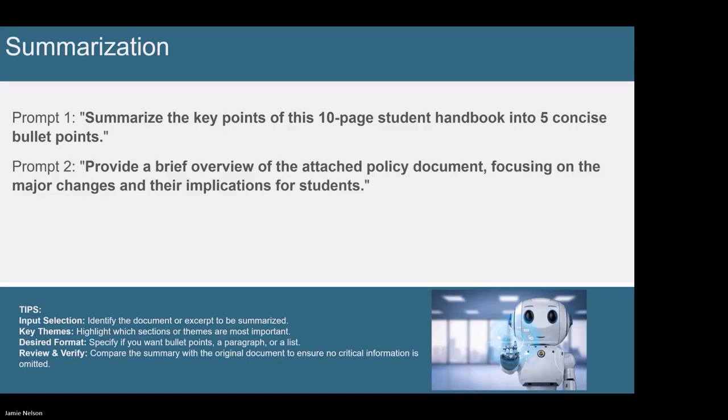One thing I have done personally is you can take 2 documents. You can upload documents and say, compare these and tell me what the major changes are. In this example, we said implications for the student. I have put up 2 different policies and said, tell me what changed and where it is. So if I'm doing a policy review, I can take 2 different policies and say, tell me what's different.